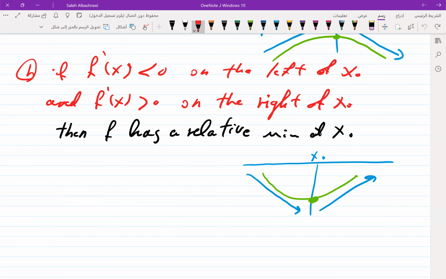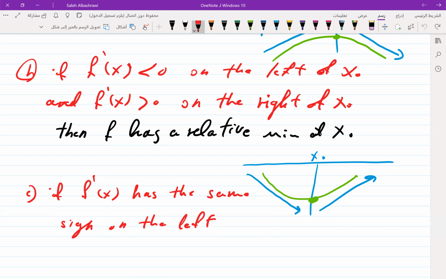For the third case, f prime has the same sign on the left and right of x0. It means that the derivative is not changing sign before and after the critical point.